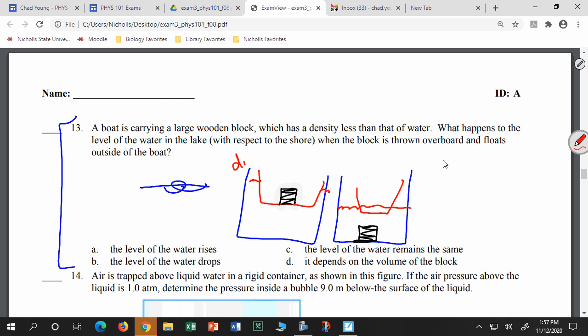Let me write that down. And here it's displacing its volume. And the weight of water that's equal to that block fills a bigger volume than the volume of the block because water is less dense than steel.